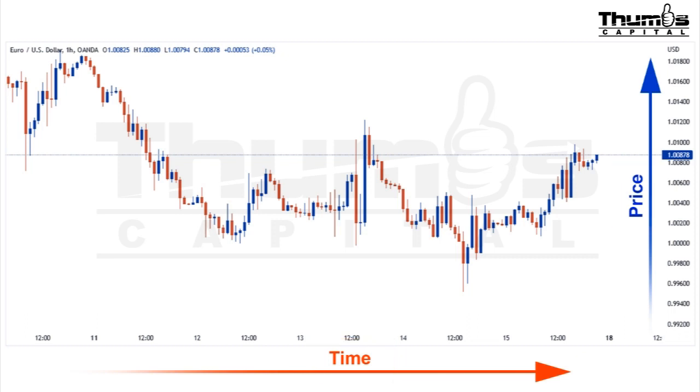These two quantities are represented on the chart always, with the price on the vertical axis and time on the horizontal axis. There are other quantities that go into technical analysis other than price and time, like volume and open interest. In this video, I'll be focusing on time analysis and price analysis.